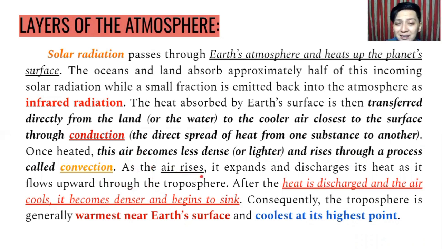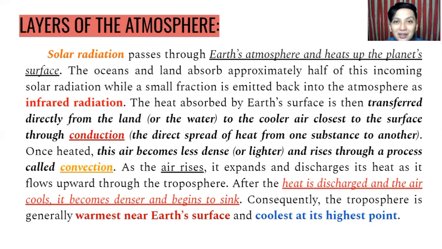So as the air rises, it expands and discharges its heat as it flows upward through the troposphere. After the heat is discharged and the air cools, it becomes denser and begins to sink. So pag umakyat niya, dun sa taas dahil mainit, lalamig siya. Pag lumamig na yung air, bababa siya ulit. Nagiging denser siya. Pag mainit, nagiging lighter or gumagaan yung air kaya umaangat.